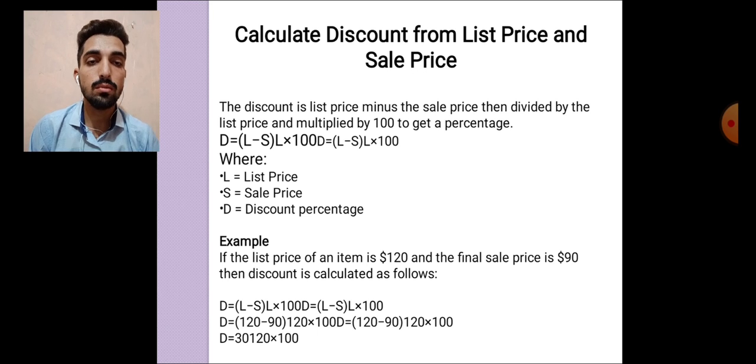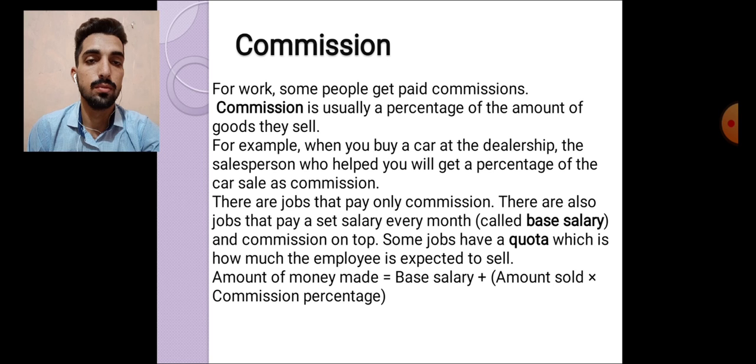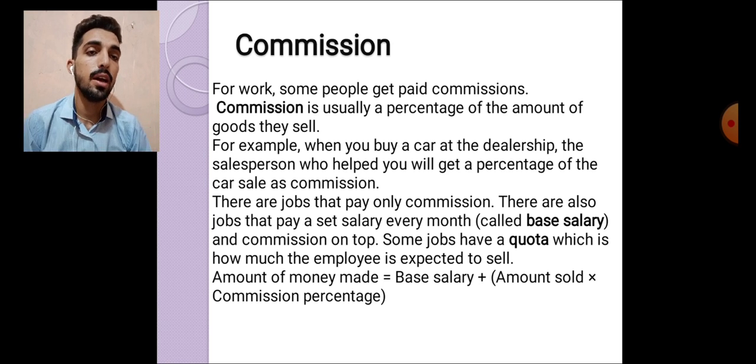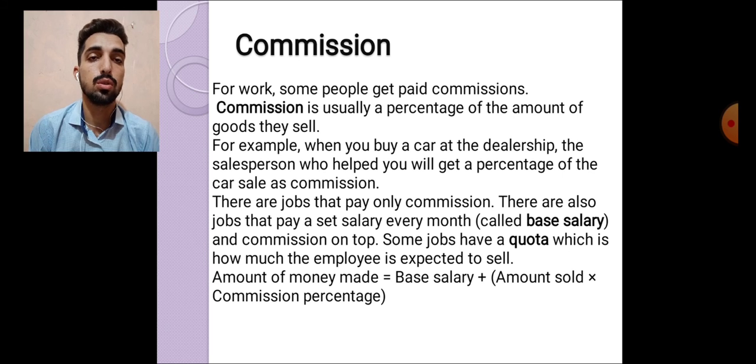Commissions. For work, some people get paid commissions. Commission is usually a percentage of the amount of the goods they sell. For example, when you buy a car, the salesperson at the dealership who helped you will get a percentage of the car sale as a commission.